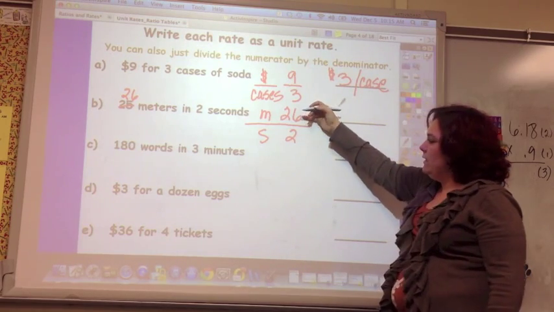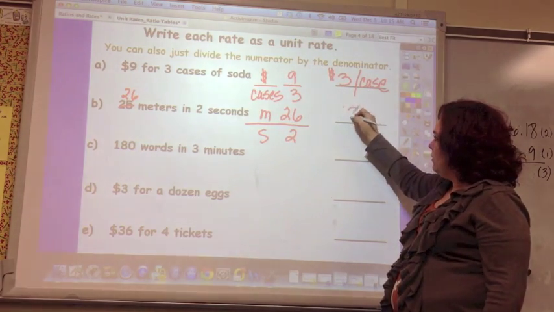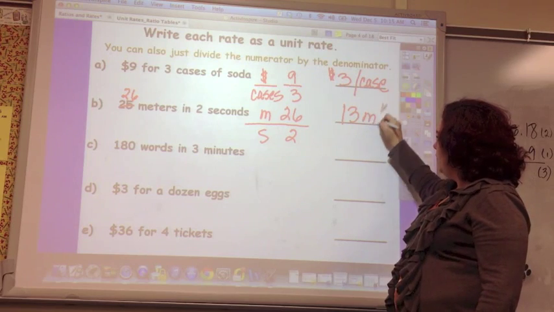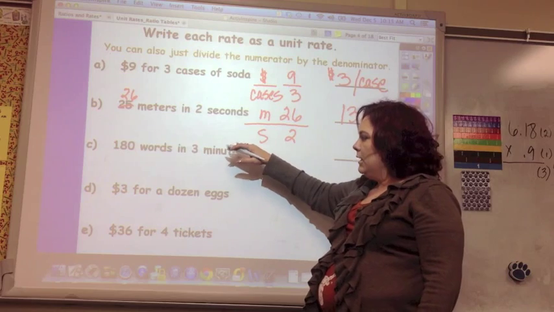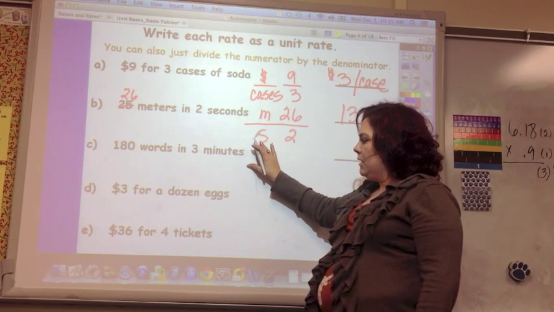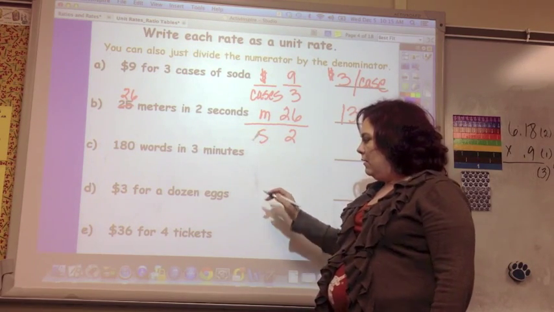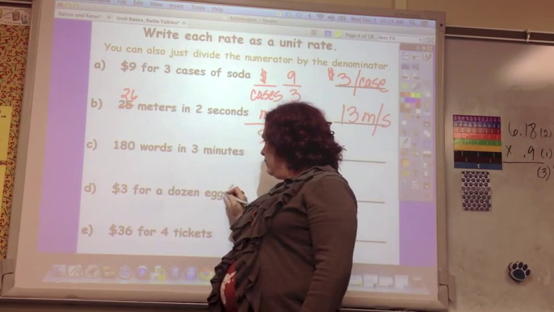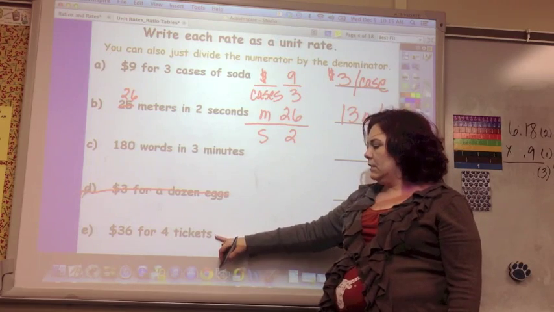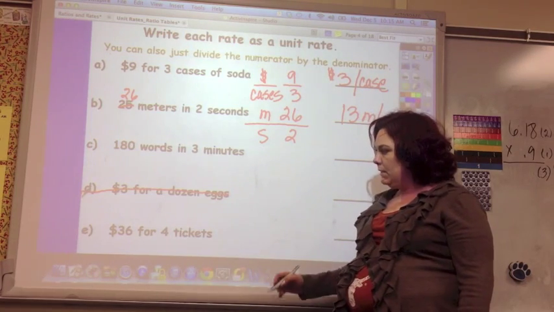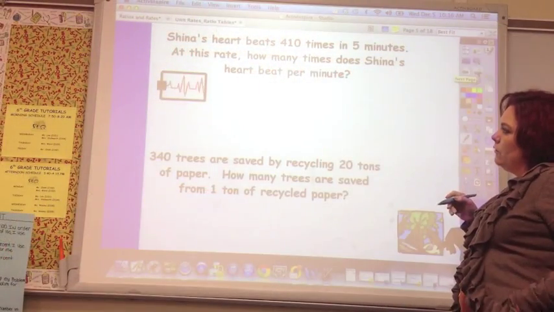So that's 26 divided by 2 is 13 meters per second. And go ahead and do these: 180 words in 3 minutes, that's D, and $36 for 4 tickets. And so you're going to find the unit rate for C.